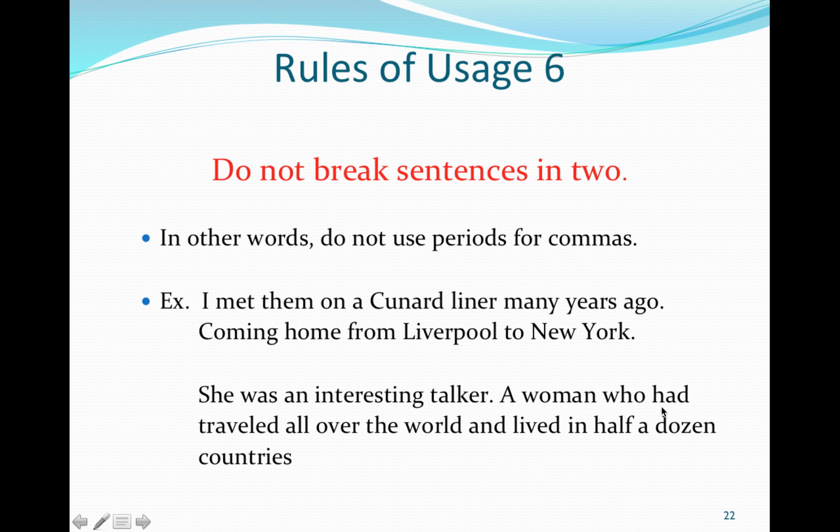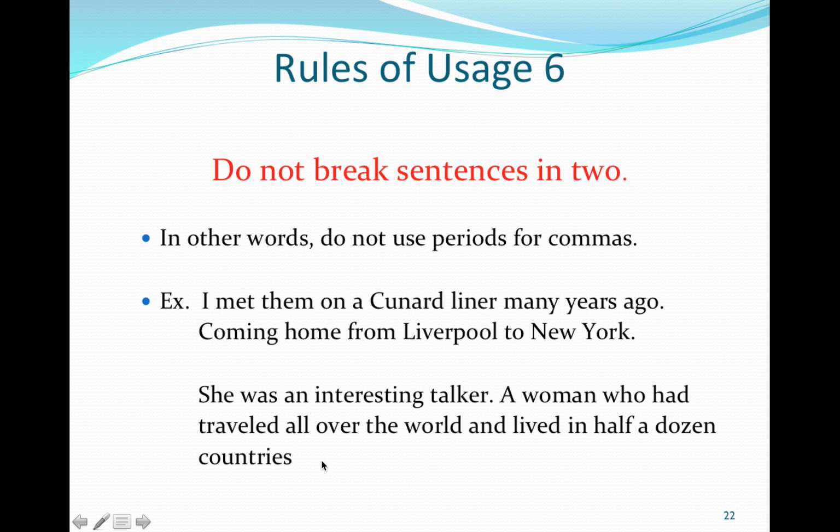Therefore, this second part, even though it's lengthy in words, and it joins two verbs. It has compound verbs connected by the conjunction and, who had traveled and lived are your compound verbs.